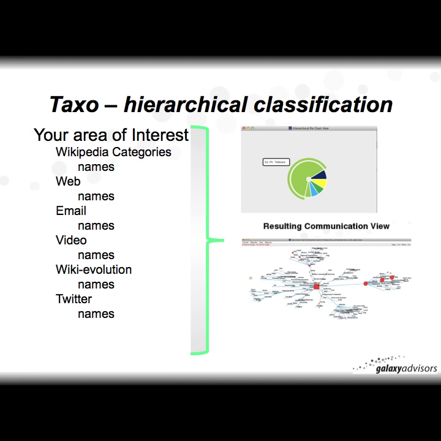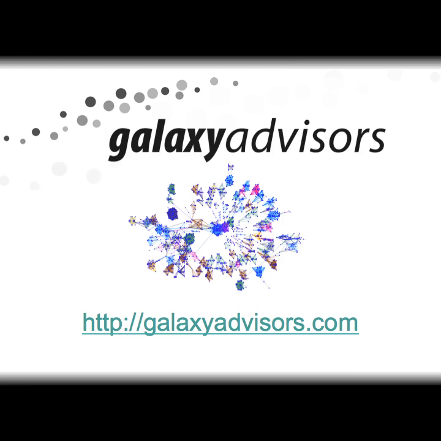So again, the taxonomy hierarchical classification gives you a further refinement of looking at the vocabulary of the Wikipedia categories or articles, names or nouns that you have found from the web, email, video, wiki evolution, or Twitter. So this provides a second example to get you started using the Condor Taxo tool. Enjoy.